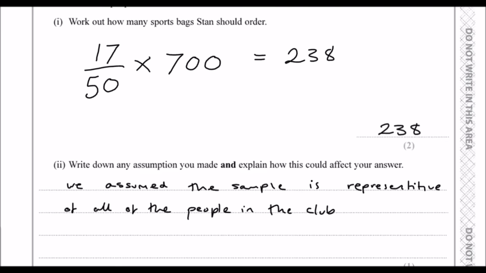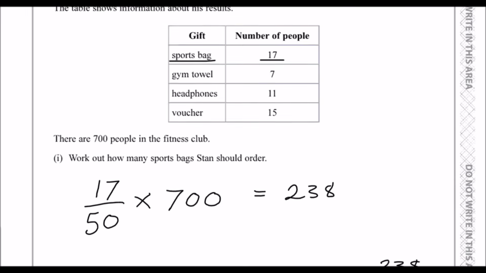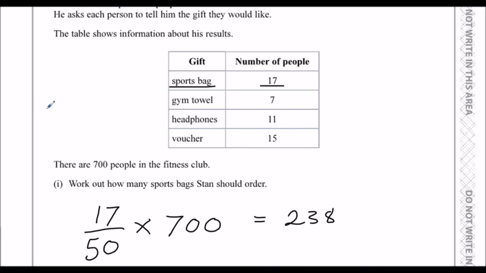So if he had only asked 50 men what they liked, it might not be representative of all the people, because the women might want something different. Or if he only asked older people what they want, younger people might want something different.